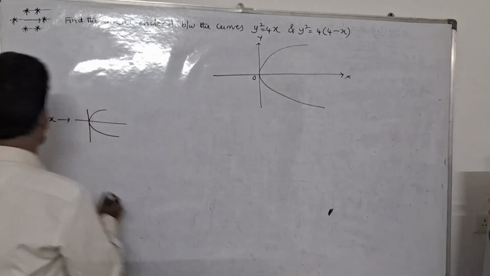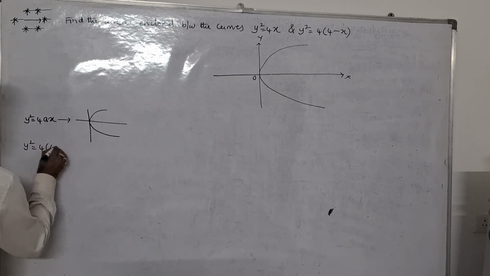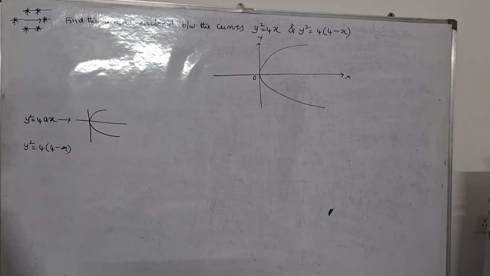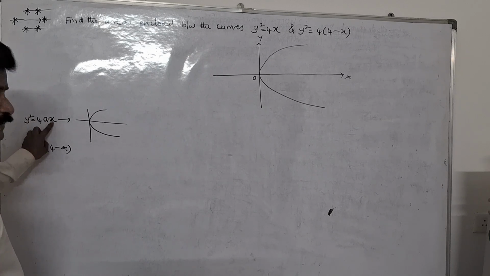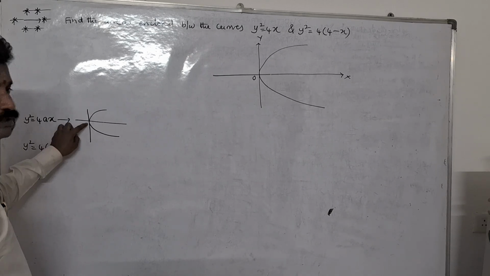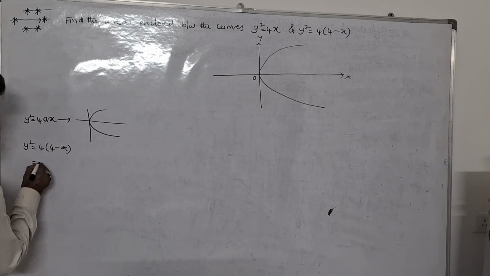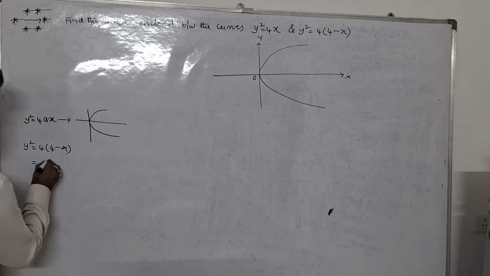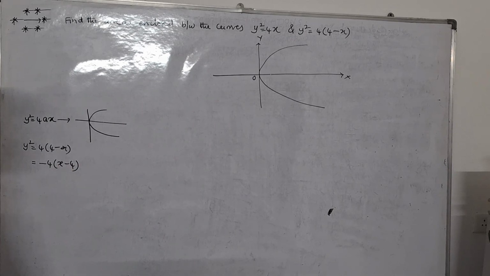Now what about the second graph? Y square is equal to 4 into 4 minus x. Here y square is equal to 4x passes through the origin 0, 0. This one, taking minus common, is 4 into x minus 4, negative.